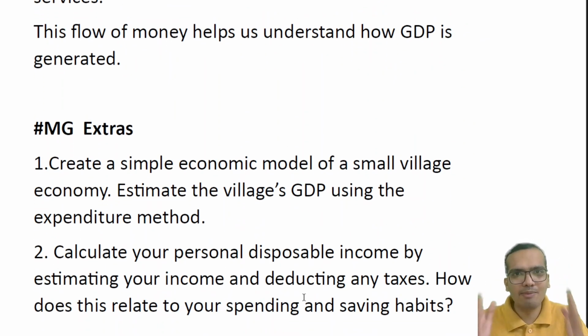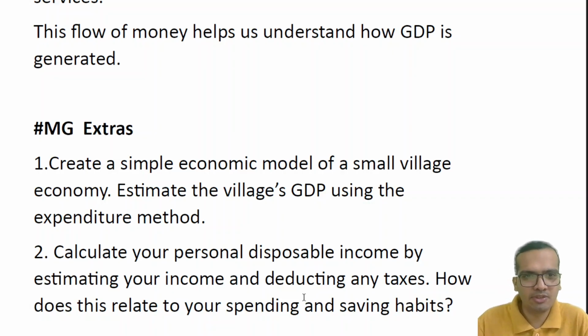Then comes MG extras. Like every other video, we have a short activity which will help you understand some of the concepts in a better and more practical manner. First, create a simple economic model of a small village economy. Estimate the village GDP using the expenditure method. We have to understand what factors are available in a village, what crops are produced, and what the earning, spending and so on are.